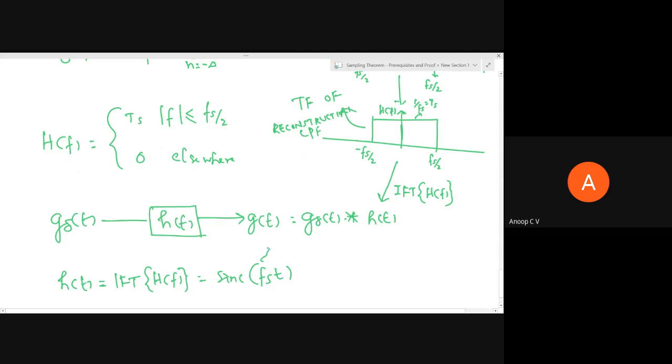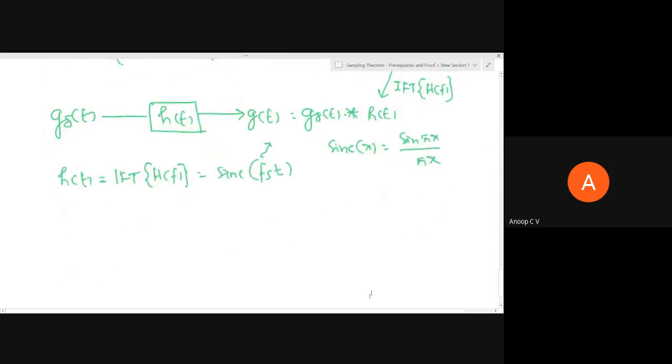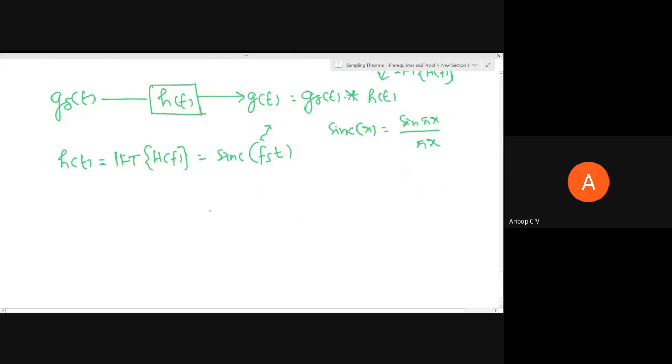This fs is nothing but the sampling rate. We know sinc of x is defined as sine pi x divided by pi x. So sinc of fs times t, again a function in the time domain, is defined as sine pi fs t divided by pi fs t.